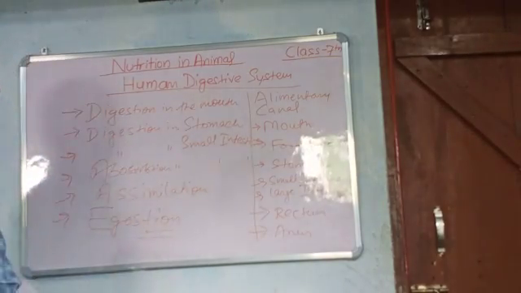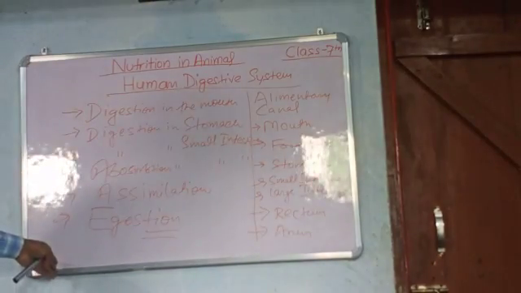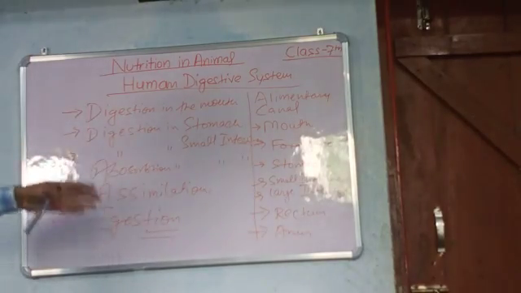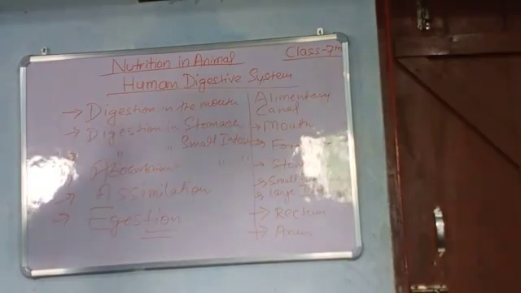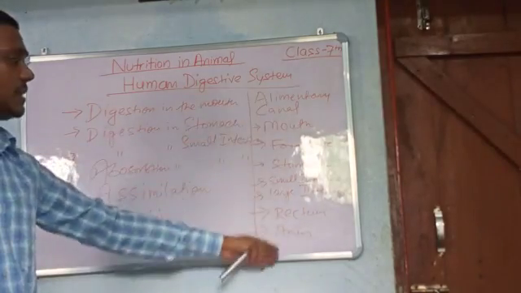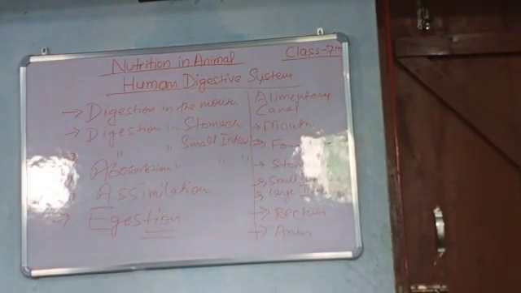Okay, so these are the processes by which the human digestive system works, and these are performed with the help of the alimentary canal. We have to be conscious and focus on this topic because it is very important from the examination point of view.